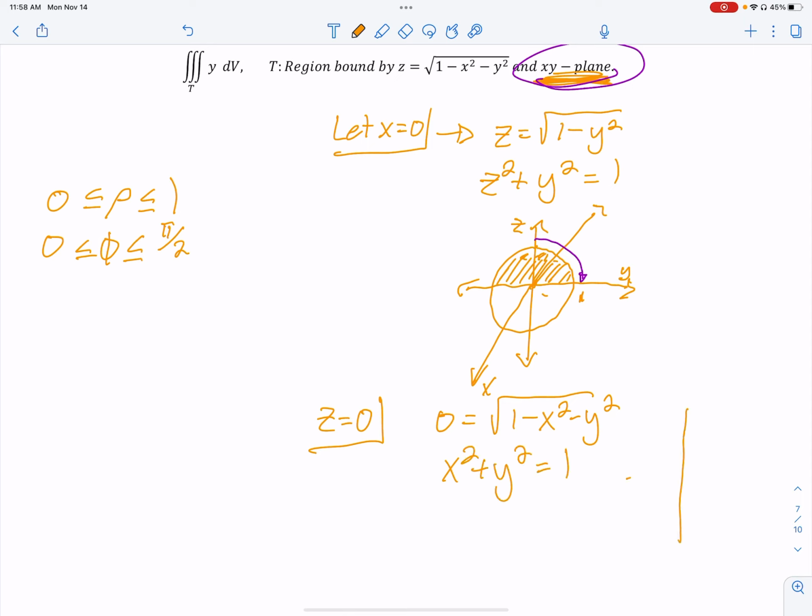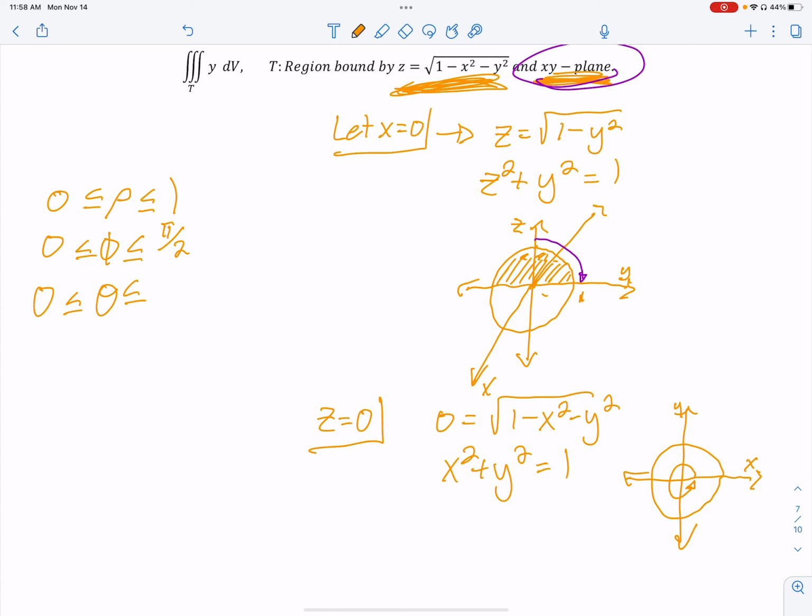That is a circle, in my xy plane. Does it go all the way around? Well, think about this. This is the top of a sphere. On top of the xy plane, we need to go the full revolution around. So it's 0 to 2 pi.